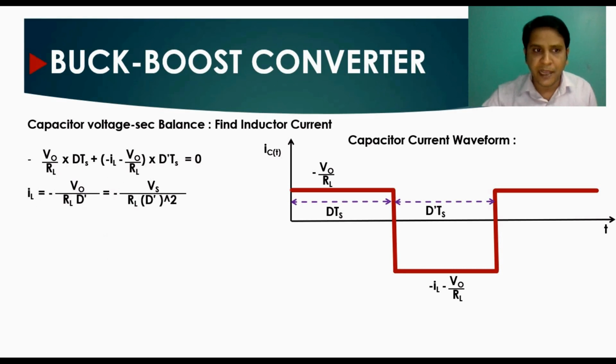You can find IL equals Vs divided by RL into D prime square. Okay, so this is the inductor equation in terms of output voltage, and this is the inductor current equation in terms of the source voltage or input voltage, right?